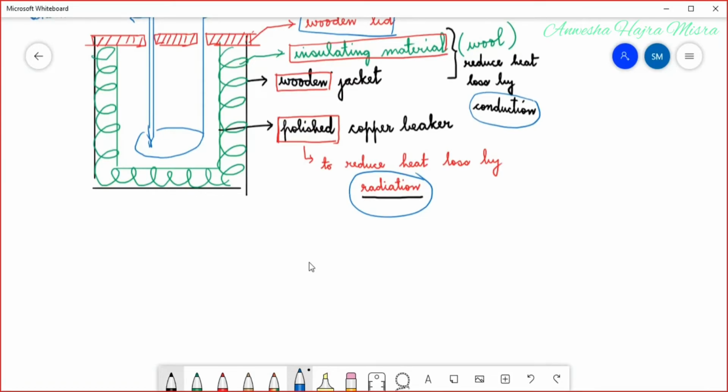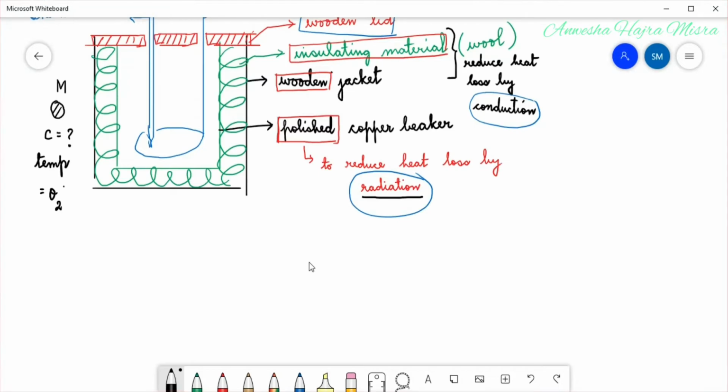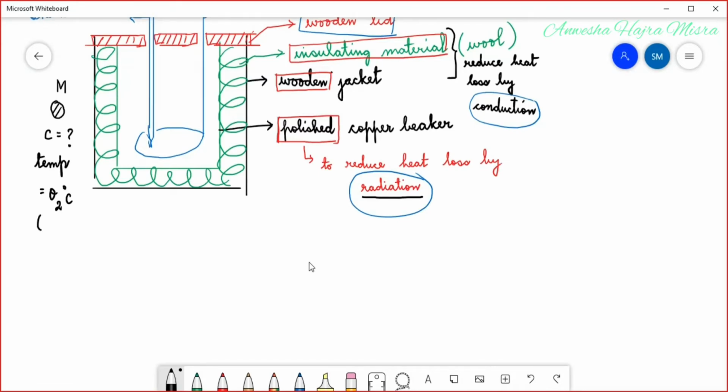Say we take a mass M whose specific heat capacity we have to find out. It is very hot. The temperature of this body is say theta 2 degrees Celsius. It is hot.